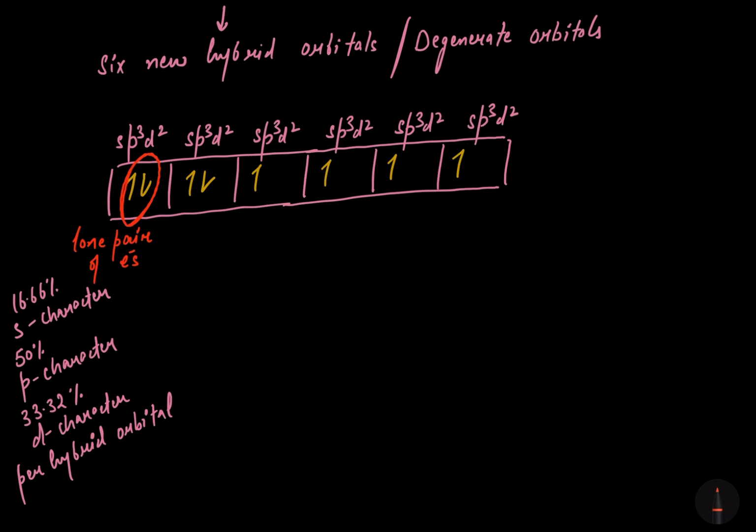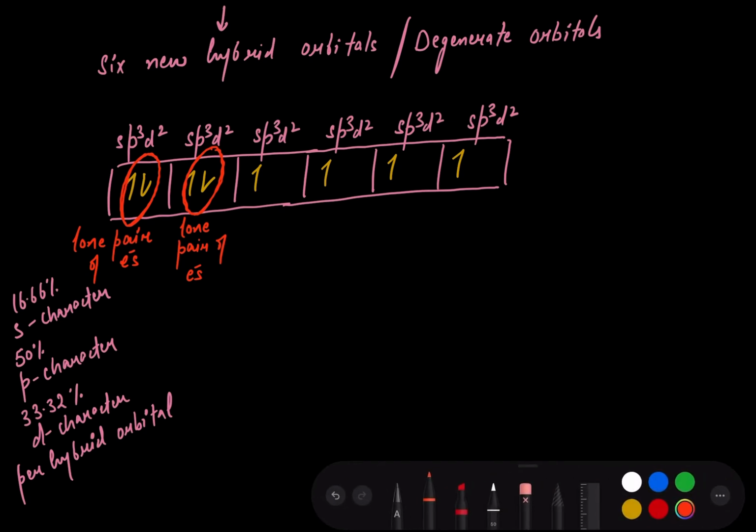So we got the first lone pair of electrons in the first sp3d2 hybrid orbital. Now let's come to the second sp3d2 hybrid orbital. Here also we are having 2 electrons, and these 2 electrons will be regarded as a lone pair of electrons. Now after that, let's talk about the 4 fluorine atoms.